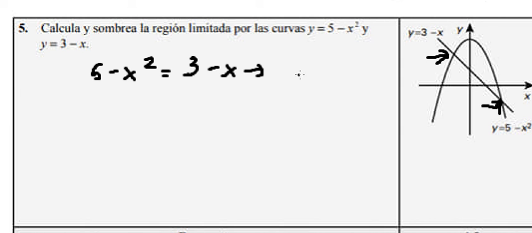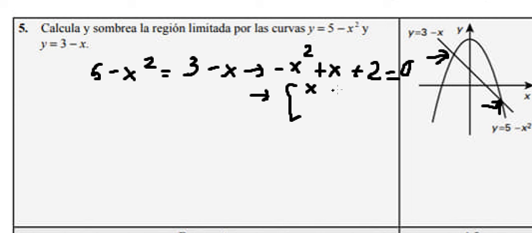So this one you get negative x squared plus x, and we have 5 minus 3, you get positive 2. So we get 2 solutions. So you get negative 1, positive 2.